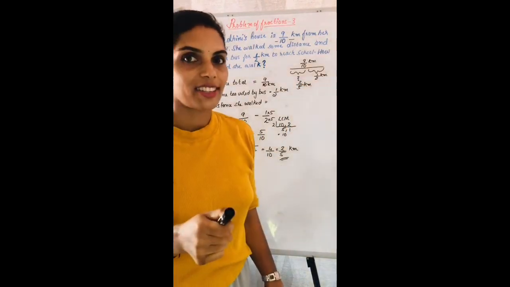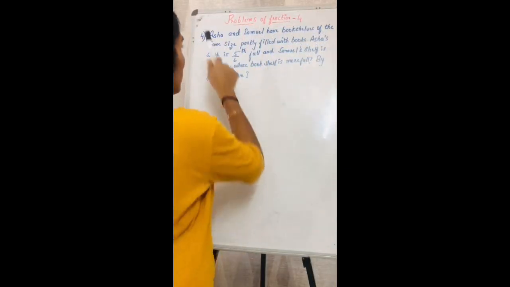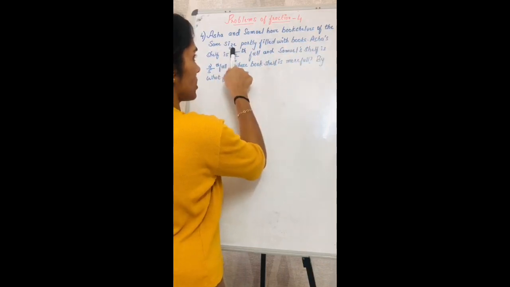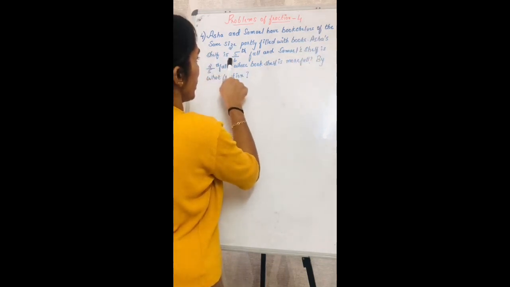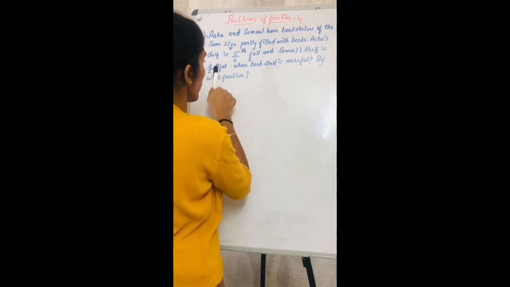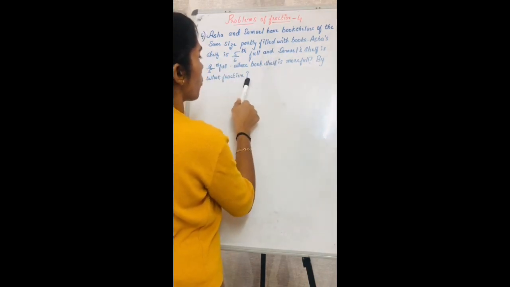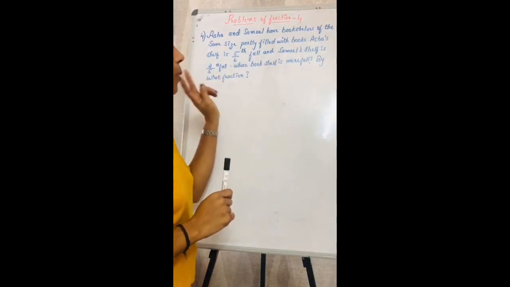Hope you got it. Let's go to the fourth problem of fraction. Here, Asha and Samuel have bookshelves of the same size, partly filled with books. Asha's shelf is 5 by 6 full and Samuel's shelf is 2 by 5 full. Whose bookshelf is more full and by what fraction? So, in this question, you have two parts, right?